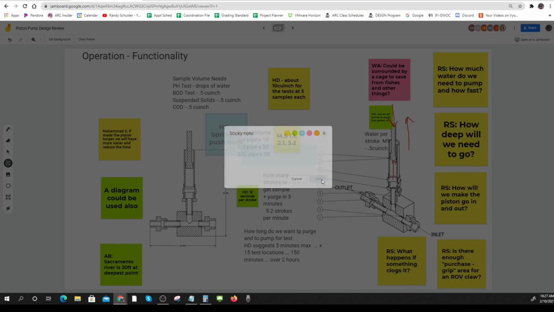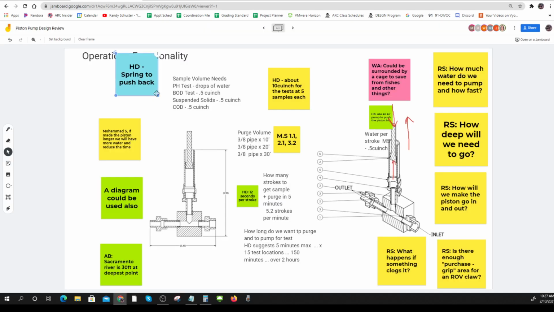So now what you'll see is now you've got something to go by. When you size your spring, you know kind of how long it'll have to be. If you go with a bigger diameter, it needs less pressure to develop the force.